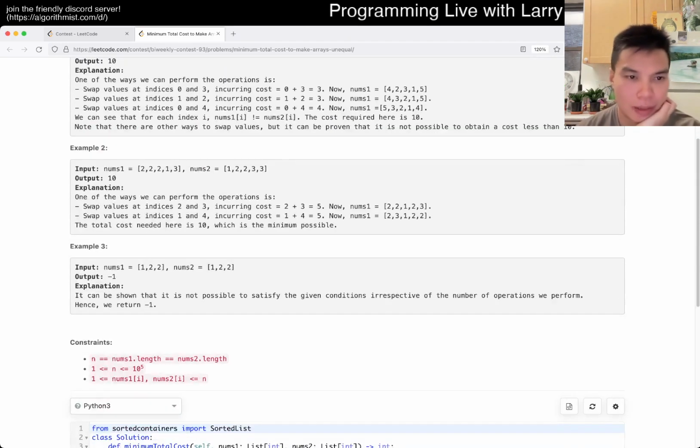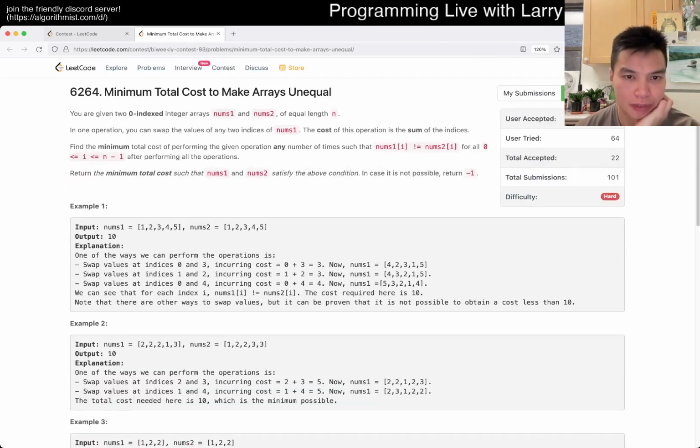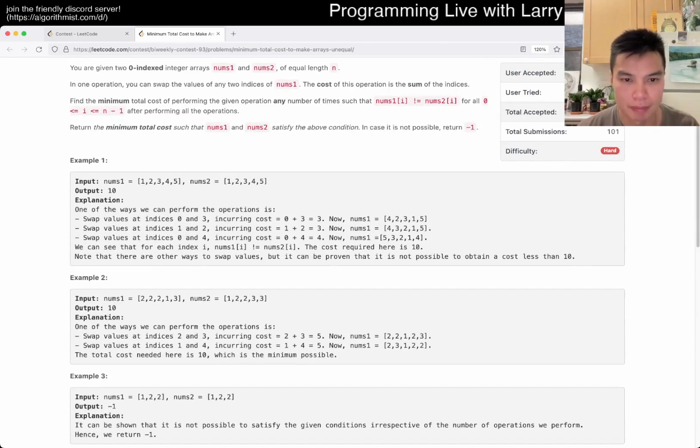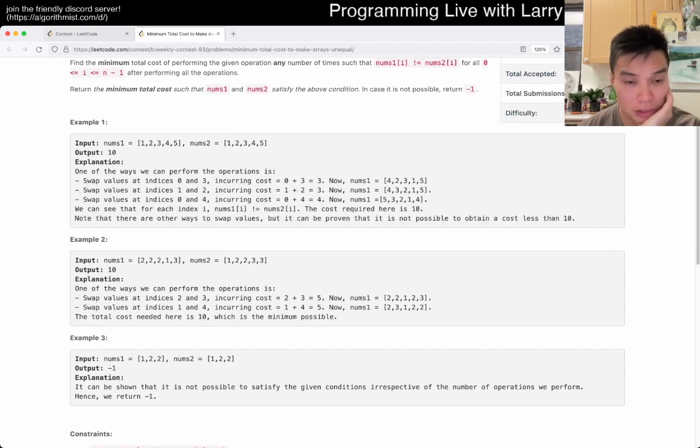I think if they're unique values, I think that's why I'm thinking, but so I don't know how to handle the case like this.